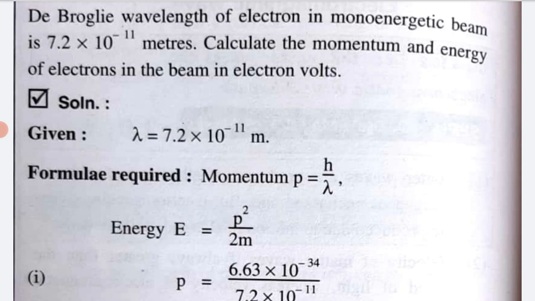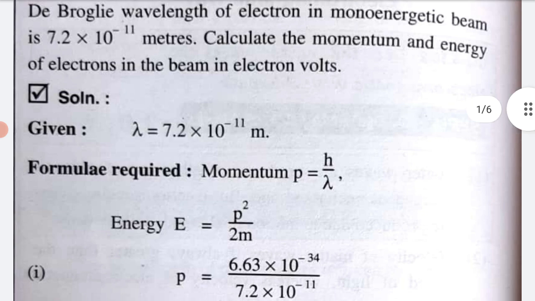So in this example, lambda means wavelength, lambda is equal to 7.2 into 10 raised to minus 11 meter. We know the de Broglie relation, lambda is equal to h upon p. If we have to find momentum, then rearrange this equation. Momentum is denoted as p, then p is equal to h upon lambda. Then energy E is equal to p square upon 2m.